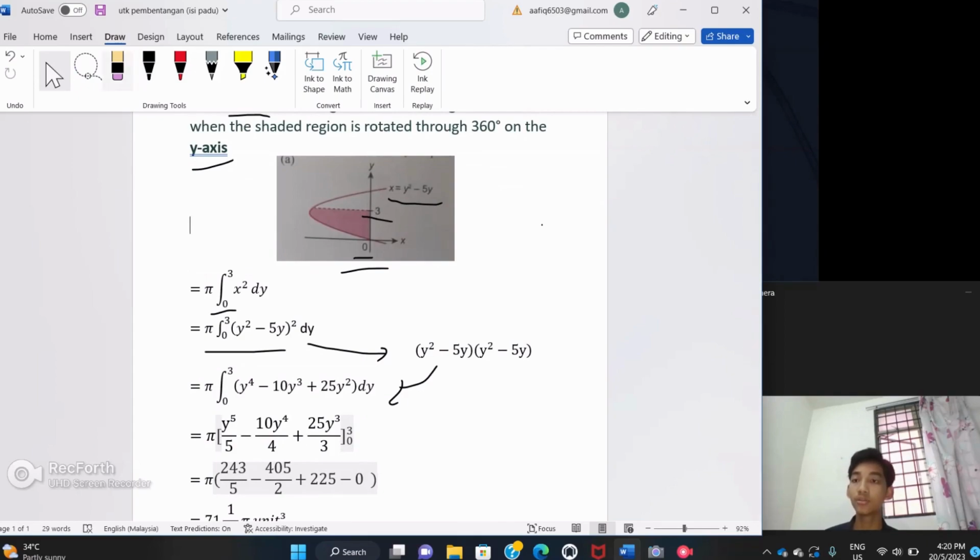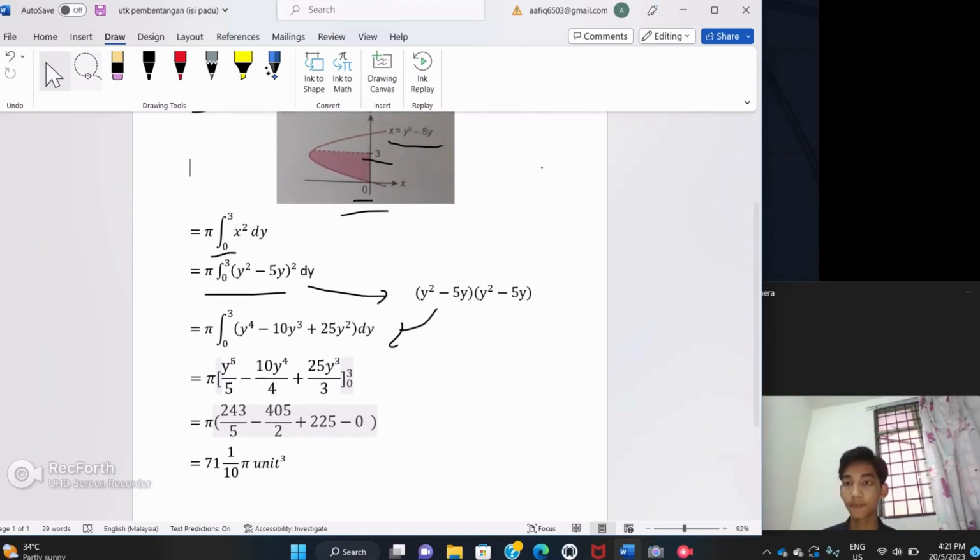For the next step, we need to integrate that, which is pi open bracket y power of 5 over 5 minus 10y power of 4 over 4 plus 25y power of 3 over 3 close bracket, 3 and 0.